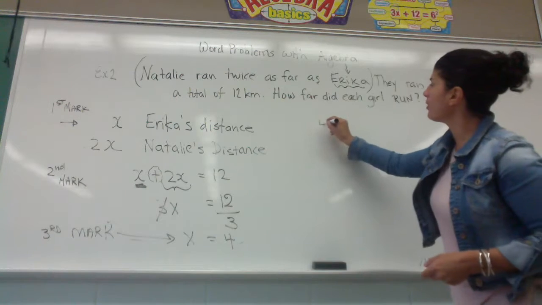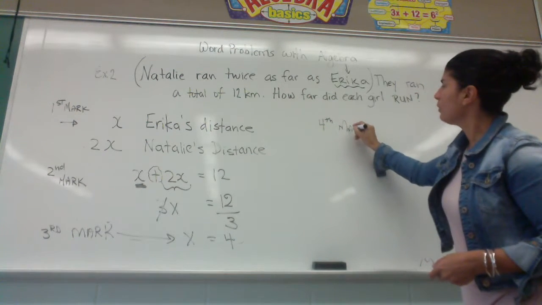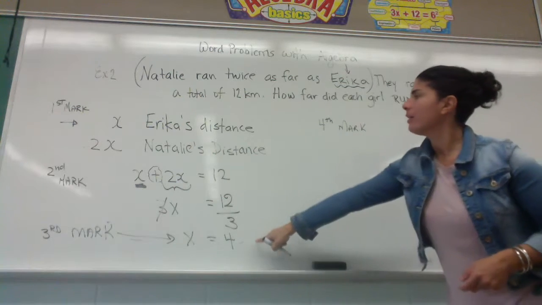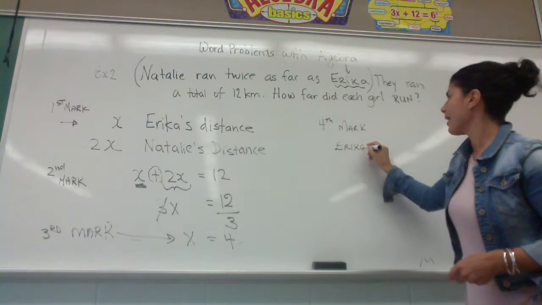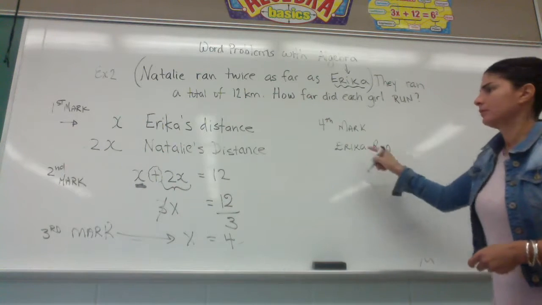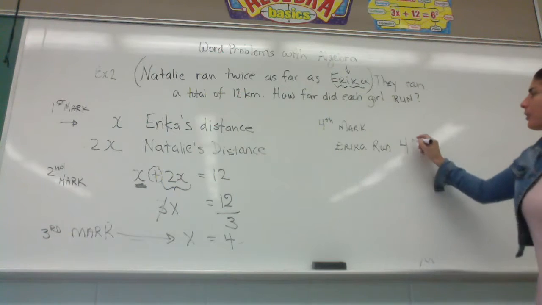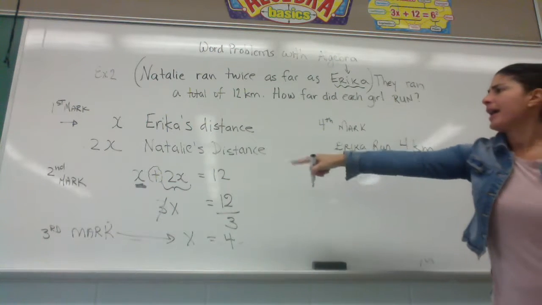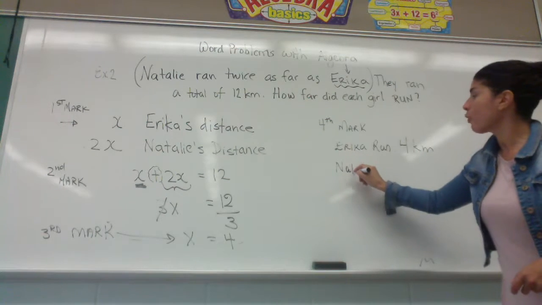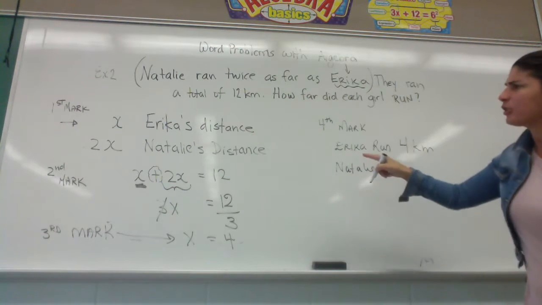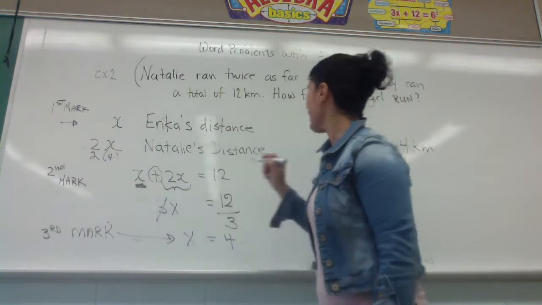So my fourth and final mark will be to say, hey, Erica ran for what? Kilometers. And Natalie ran twice as much. So I could just say, hey, 2 times 4 is 8.